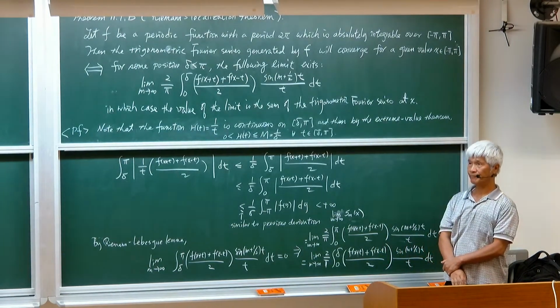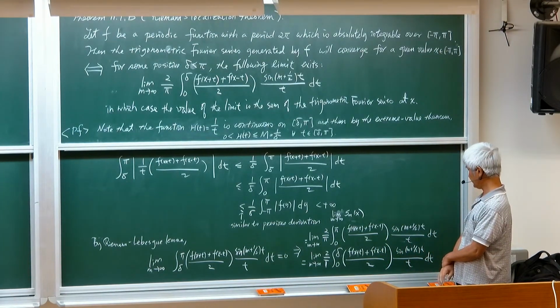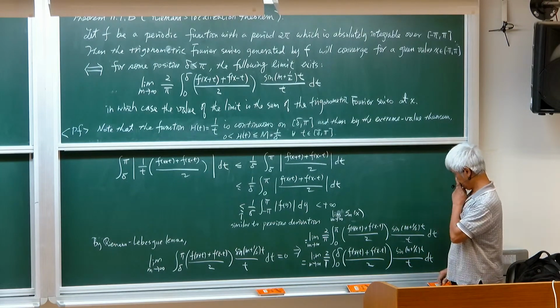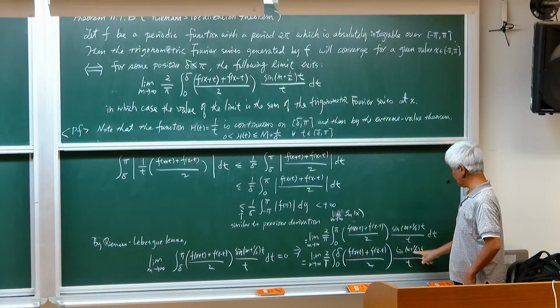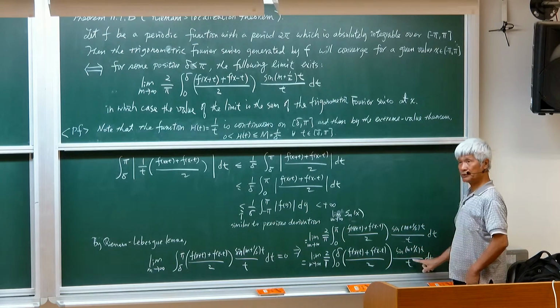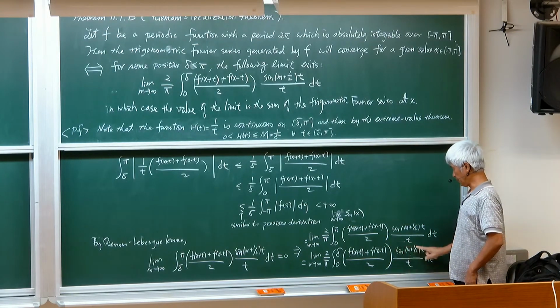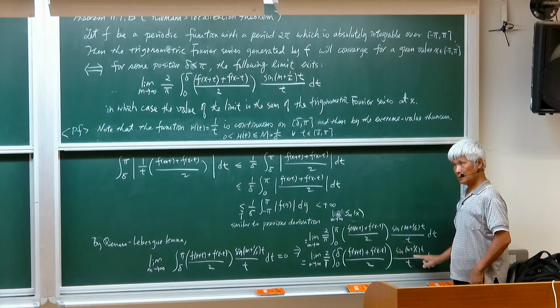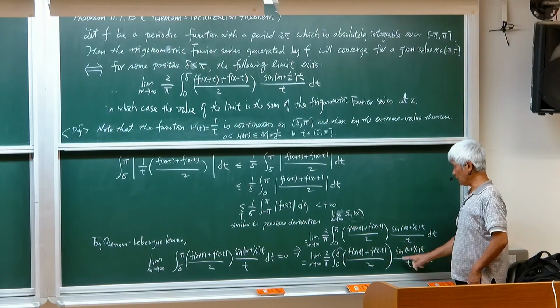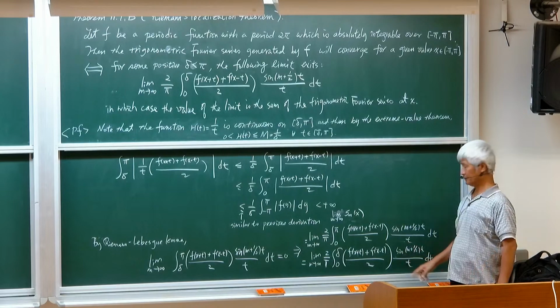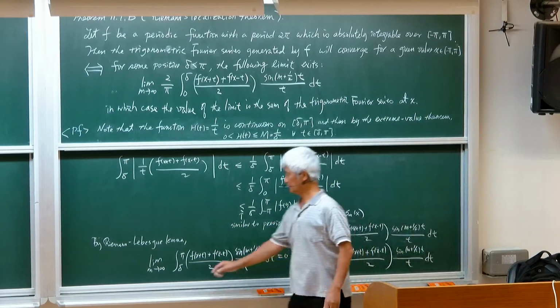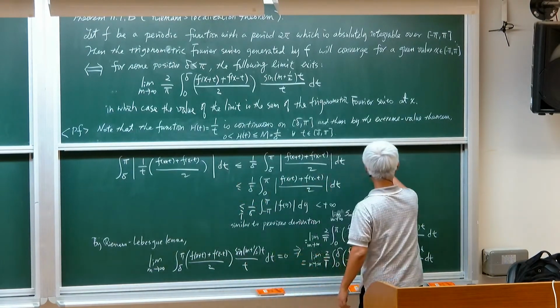And as you can see, when t goes to 0, the function goes to a limit. What is this limit?